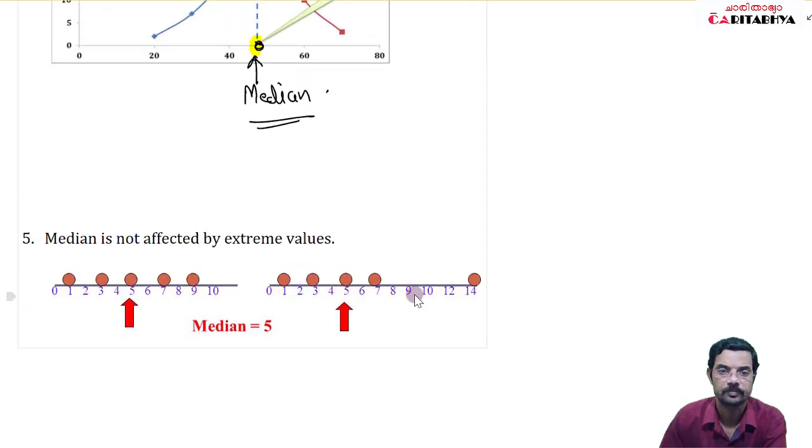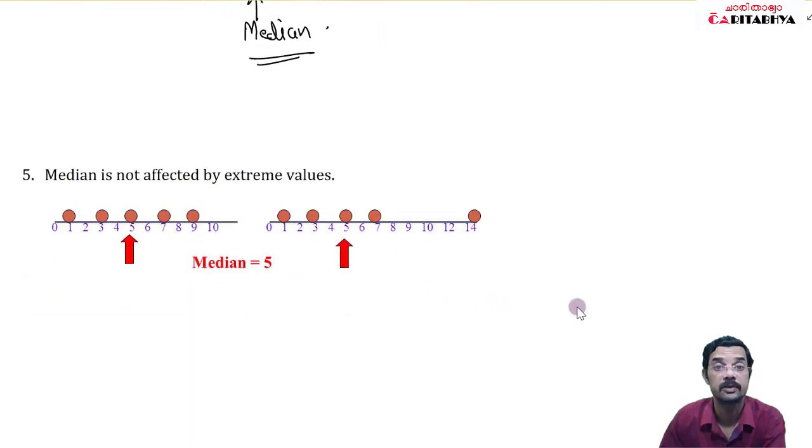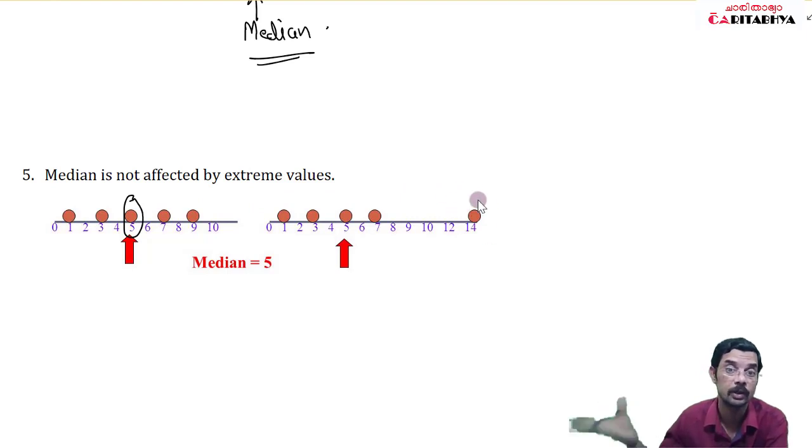Next, median is not affected by extreme values. Look at the example. In this case we have the values 1, 3, 5, 7 and 9. The median is 5. Now, if instead of 9, I take 14, the extreme value increases, but we are not concerned about the value.